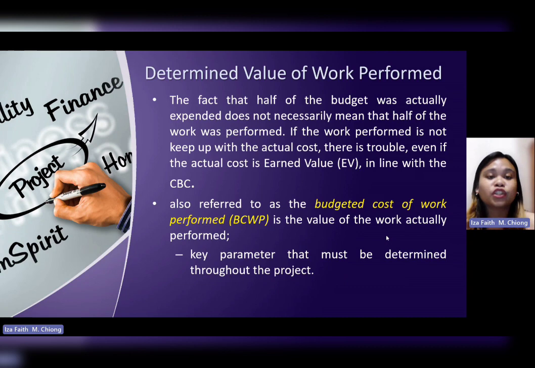So to determine the value of the work that has been completed, the project team uses the determined value of work performed formula. This is also referred to as the budgeted cost of work performed, which is the value of the work actually performed. So this is also a key parameter that must be determined throughout the project.